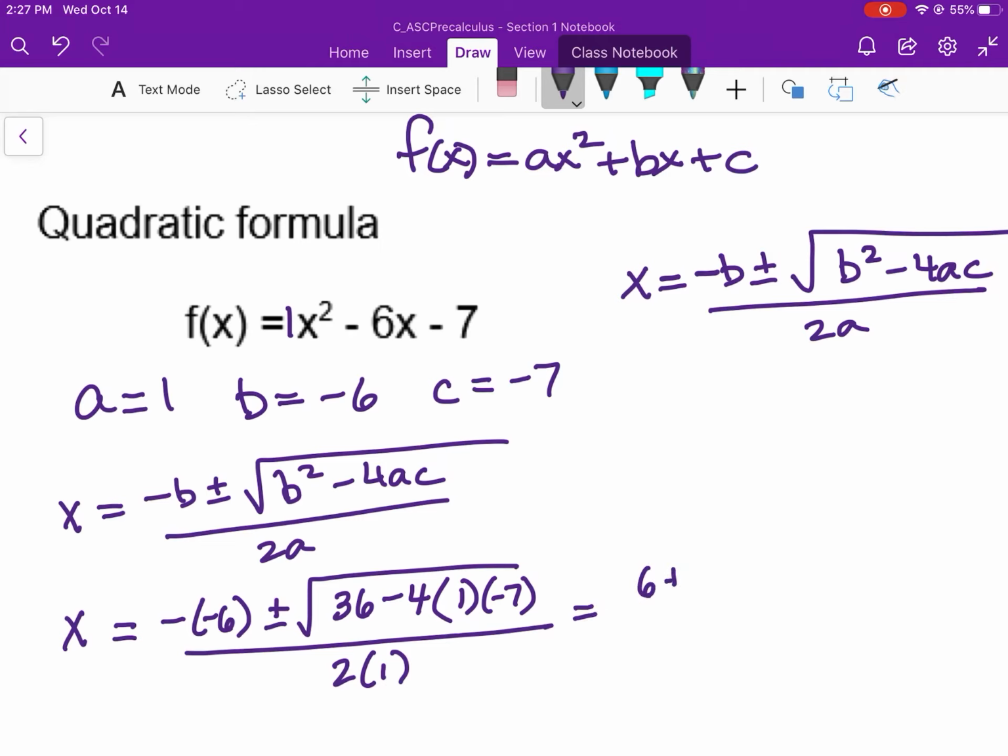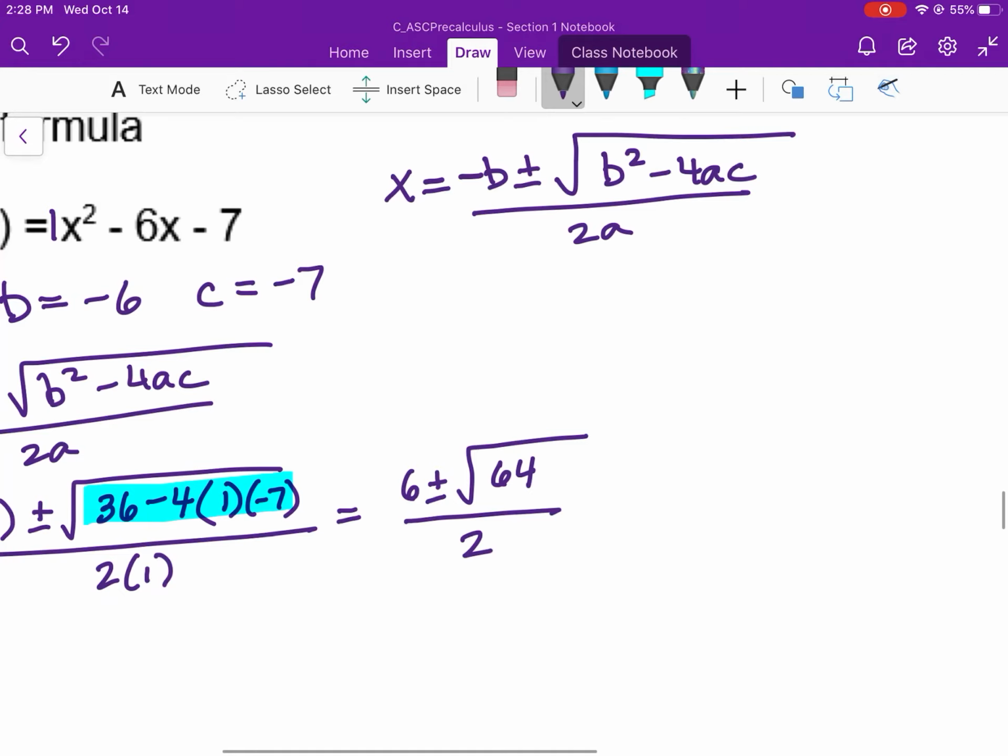And so then that becomes 6 plus or minus the square root of. The inside here, this mess on the inside, the radicand, as we call it, you can type that into your calculator, 36 minus 4 times negative 7, and I believe you end up with 64 all over 2.